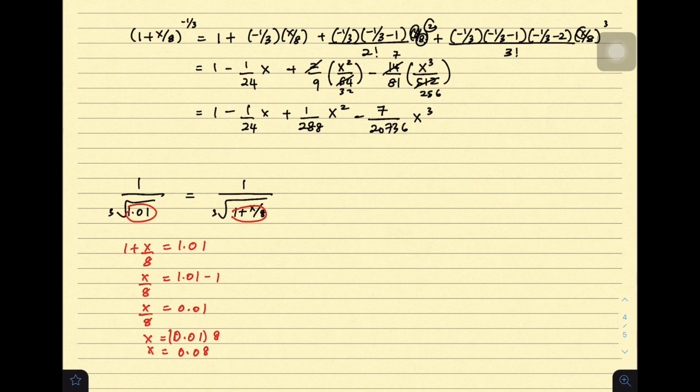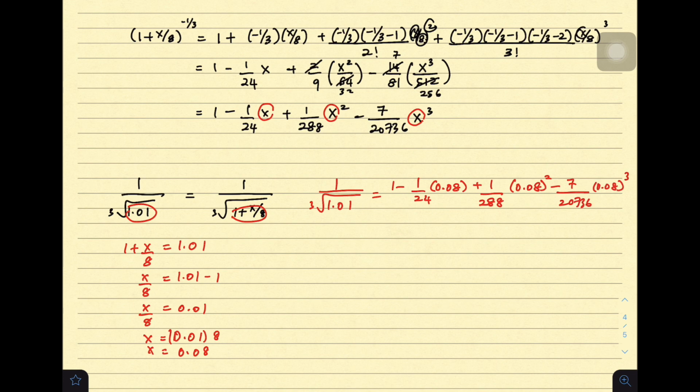Okay, so bila awak dapat nilai x, the thing yang awak kena buat hanyalah gantikan sahaja nilai x dalam expansion yang kita cari tadi. Okay, so 1 over cubic root of 1.01 is equal to 1 minus 1 over 24, gantikan x dengan 0.08, plus with 1 over 288, 0.08 kuasa 2, minus 7 over 20736, 0.08 kuasa 3.